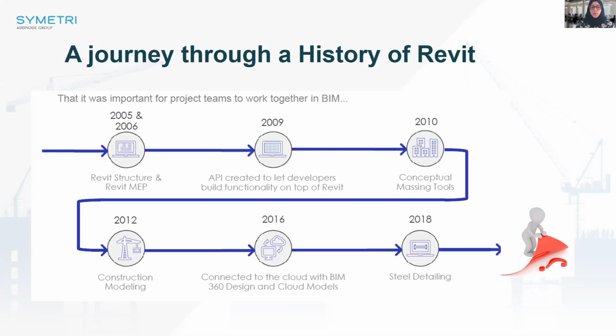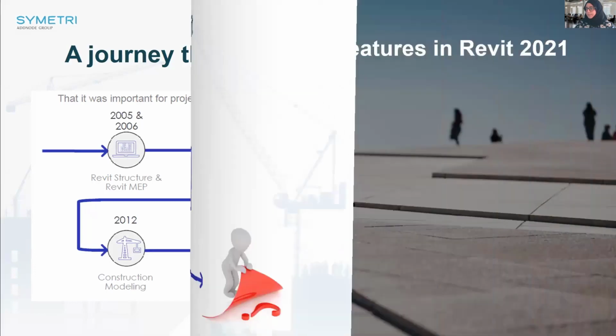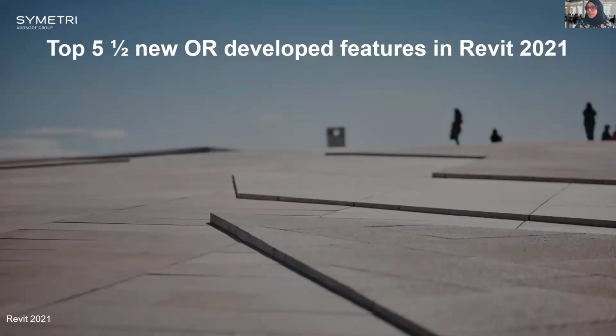And now, what has happened now? So this is kind of building us up to the 5.5 points of what is 2020 looking like, or 2021 packages. Okay, so let's look at the top 5.5 new or developed features within Revit 2021.